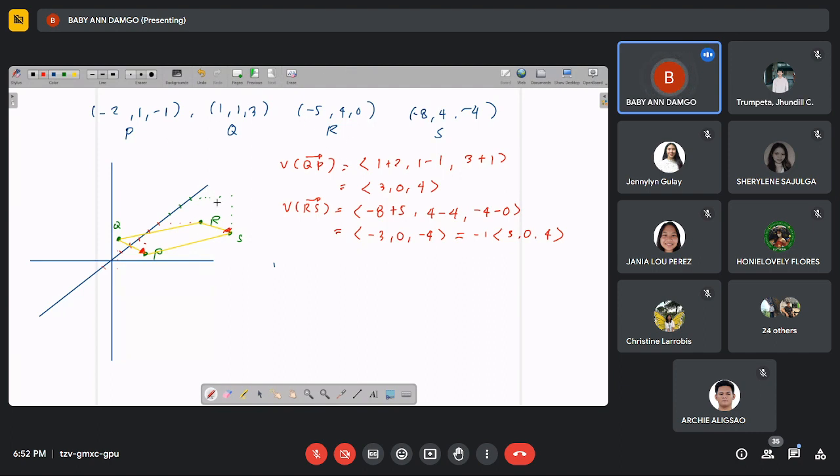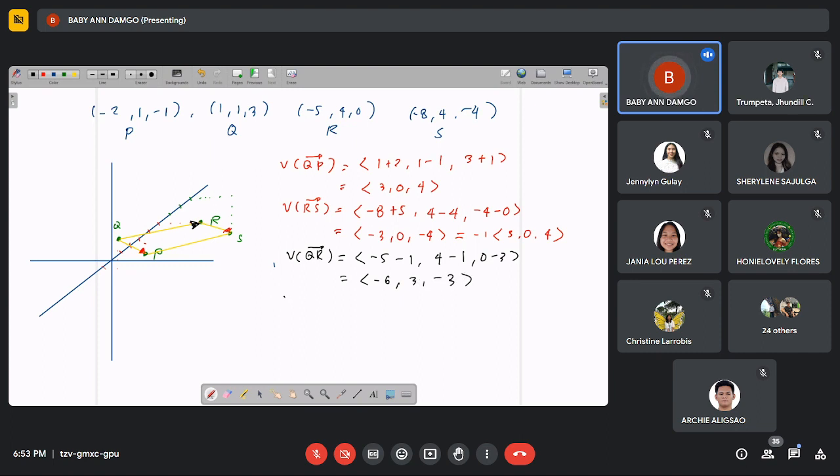Next, for this vector, we have QR. So the vector QR is R minus Q. So R is negative 5 minus 1, and then 4 minus 1, 0 minus 3. So we have negative 6, 3, negative 3.